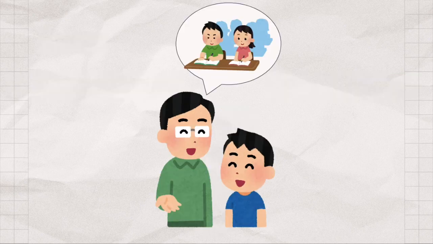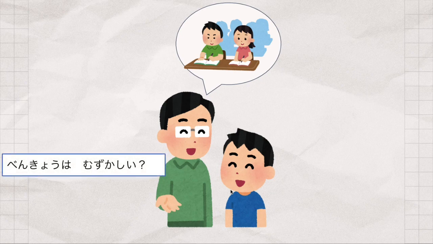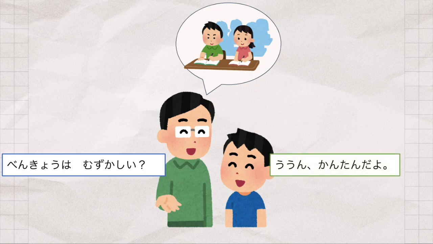So the next picture shows that dad and his son are talking, and the dad asks if the studying at school is difficult. He says, 勉強は難しい? And then the son says, no, it's actually easy. 簡単だよ.